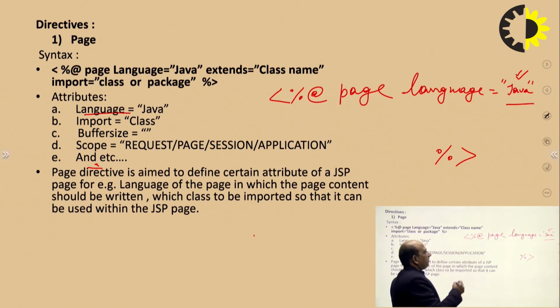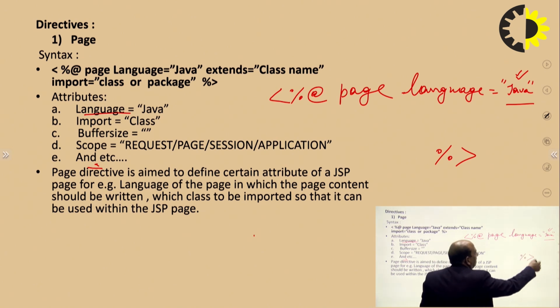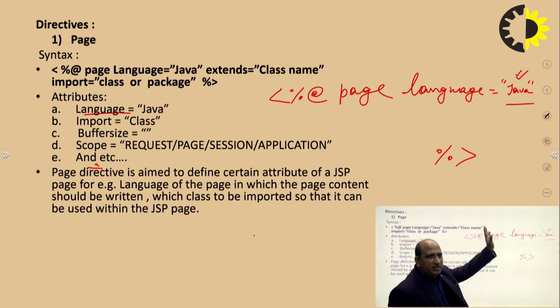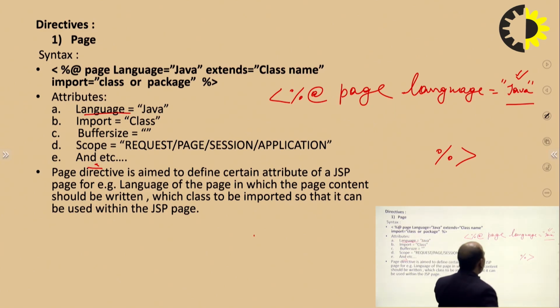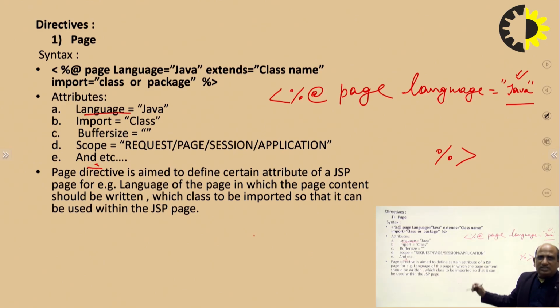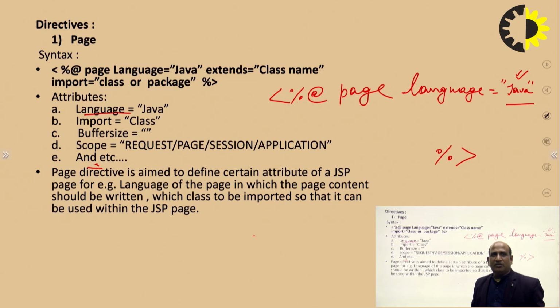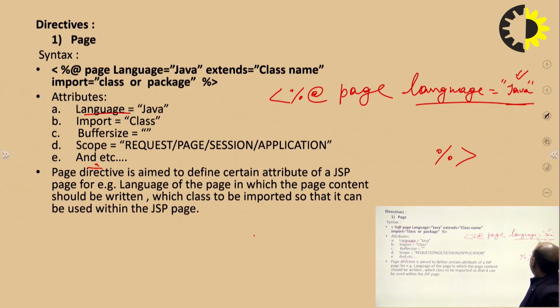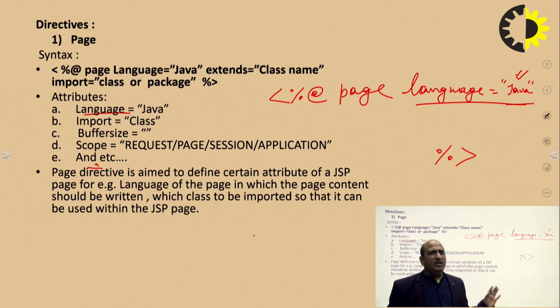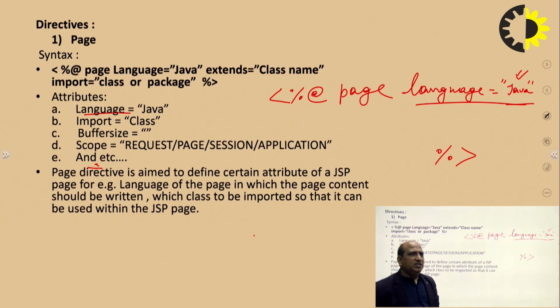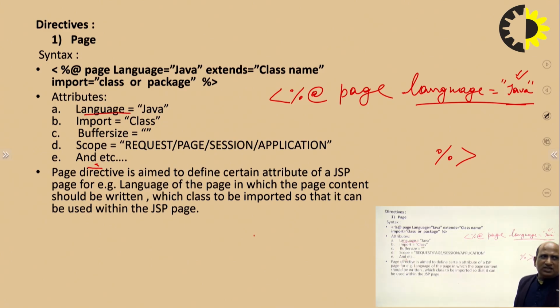So collectively, whenever you write this, it instructs the JSP engine that for the current JSP page, the language to be followed in scriptlet, declaration or expression tag is Java. And as I have already told you, any attribute is optional, and if you have not used it, the default language is Java for the language attribute.